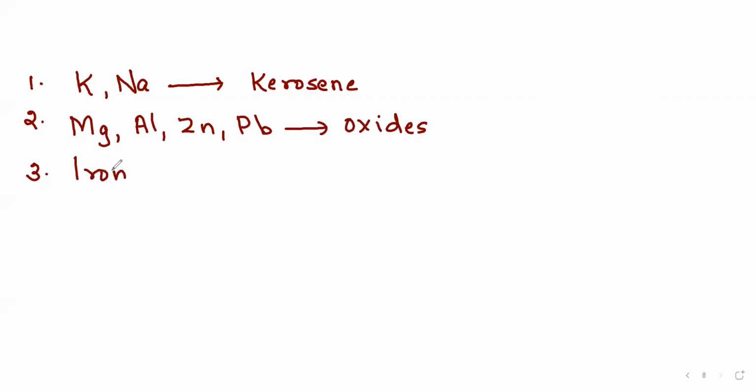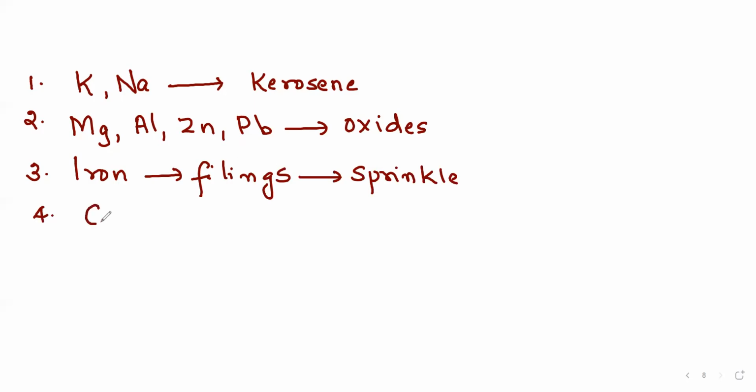Iron actually doesn't react with air, but iron filings in small quantities, if sprinkled over the flame, will catch fire. Then the fourth one is copper. Copper also does not burn, but a black coating is formed on copper. So this is also least reactive.